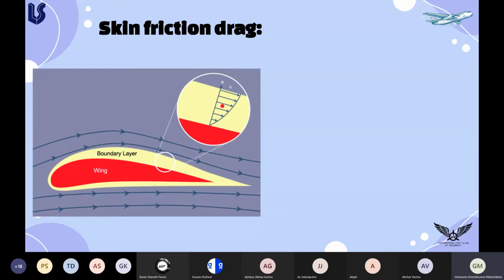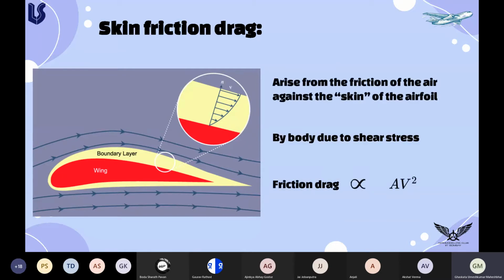Because of the viscous characteristic of airflow, some shear stress is generated toward the backward side on the wing, and it's called skin friction drag. Also, it depends on the area of the wing and the velocity of the aircraft, and the relation looks like this. So this is all about skin friction drag. I hope it's clear.